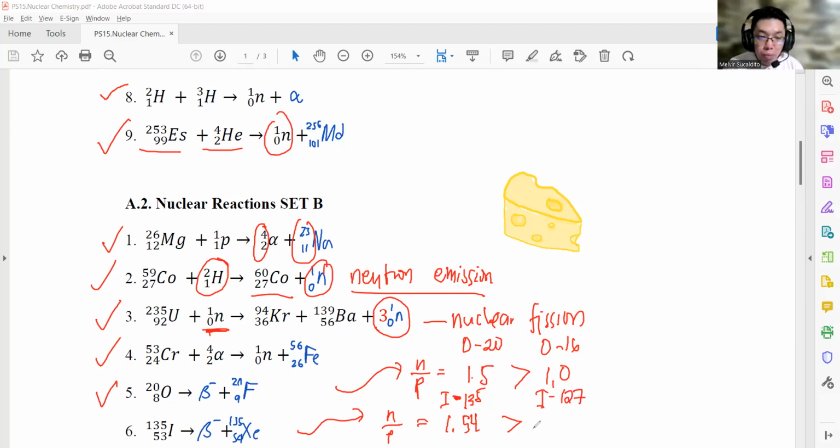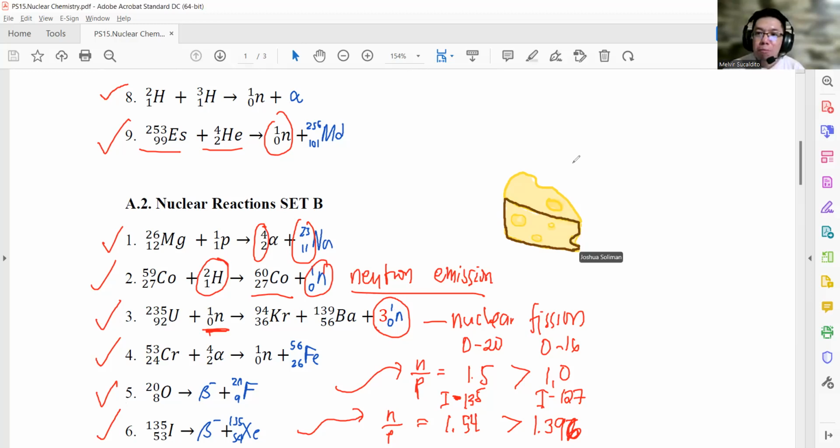So that we can really prove that this one will undergo beta decay. Very good. 1.396 rather. Okay. So this one can really undergo beta decay. Okay, correct. So tama na tayo dito sa number 6.